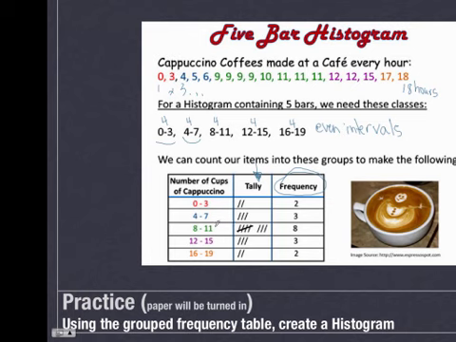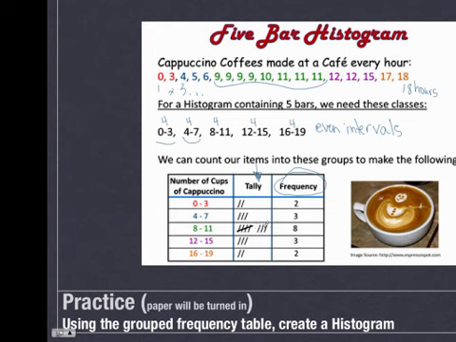All right, if I'm looking at 8 to 11 cups of coffee, how frequent did 8 to 11 occur? Well, notice that there weren't any hours here that sold 8 cups of coffee. That's okay. My intervals are even doesn't necessarily mean that I have to have a data that represents each of those numbers within the interval. But I do have all of these, 9, 10, and 11.